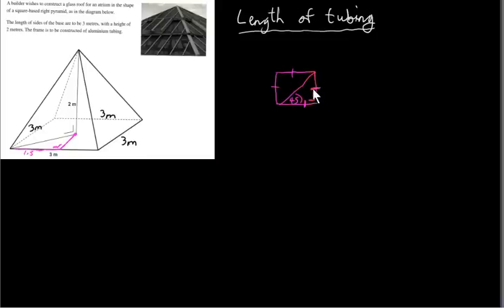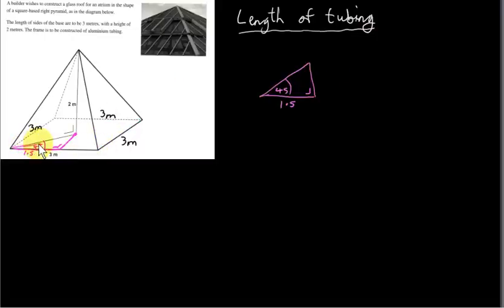It's an isosceles right angled triangle, so this angle here equals this angle here. But these two angles have to add up to 90, so they're both 45 degrees each. So that tells us that this angle here must be 45 degrees. That's just by extending this on, and we have a 45 degree angle here, and a 90 degree angle down here at this corner of the square base.